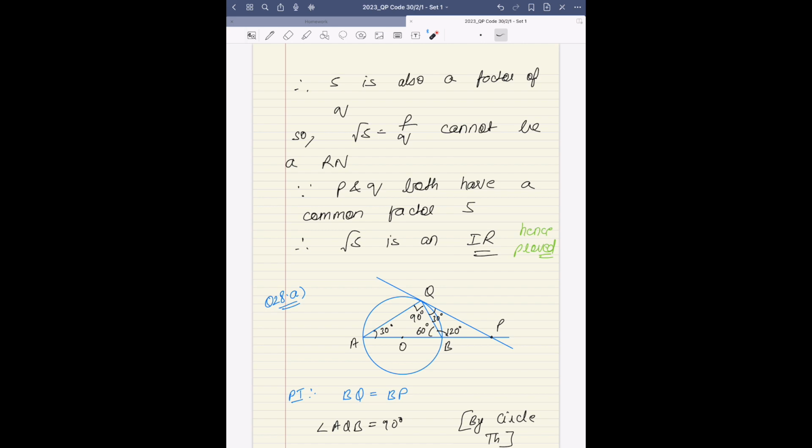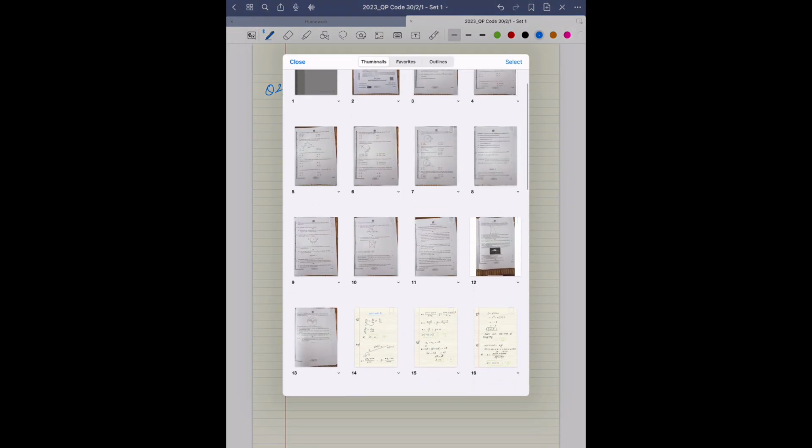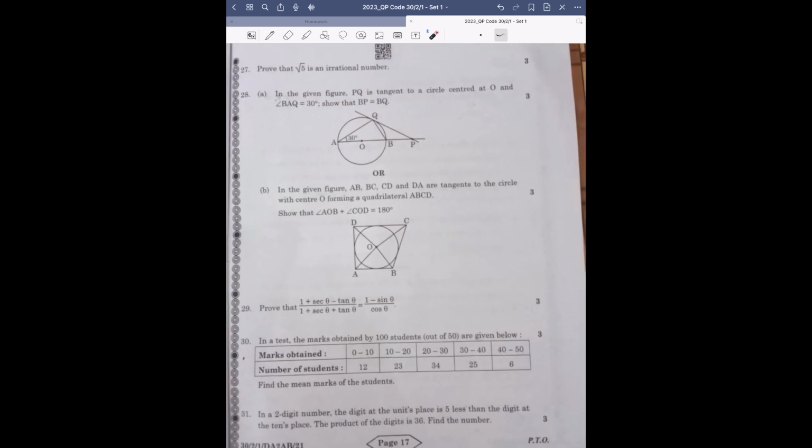Okay, moving on to the second part, the or part of this. That is also not very tough, provided you guys know the concepts. So question number 28B is, let me show you the question once. See, this is the question. This was 28A, which we have done.